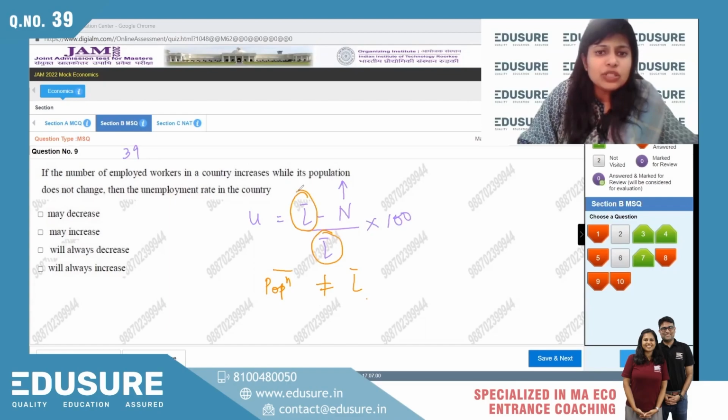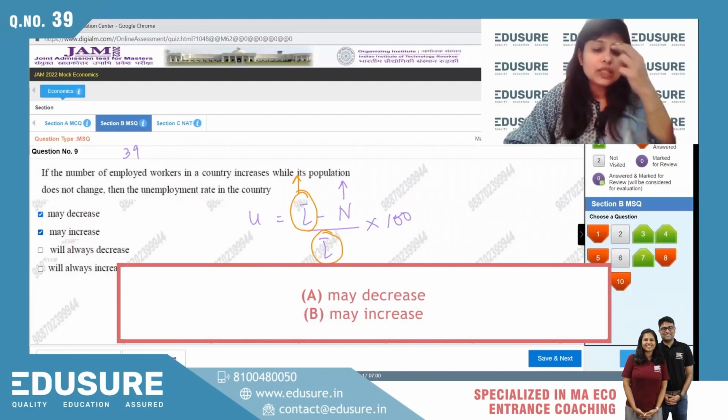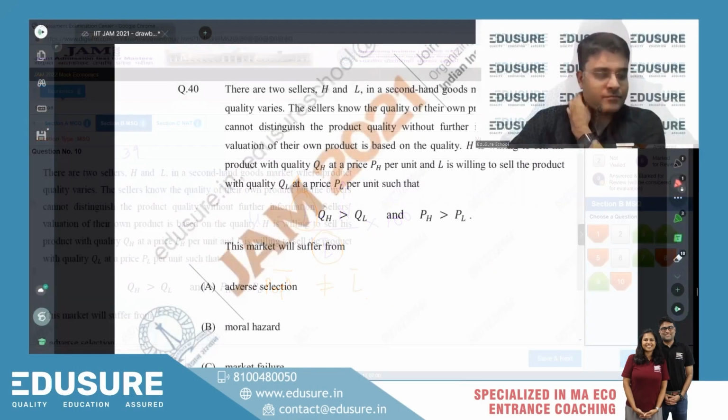Now, if the labor force is increasing and employment is rising, then the unemployment rate depends on the relative strengths. So it may increase, decrease, or stay the same. So the answer should be may increase or may decrease. But we cannot say anything for certain. So 'will always' will not be true. Only 'may increase' or 'may decrease' will be true.